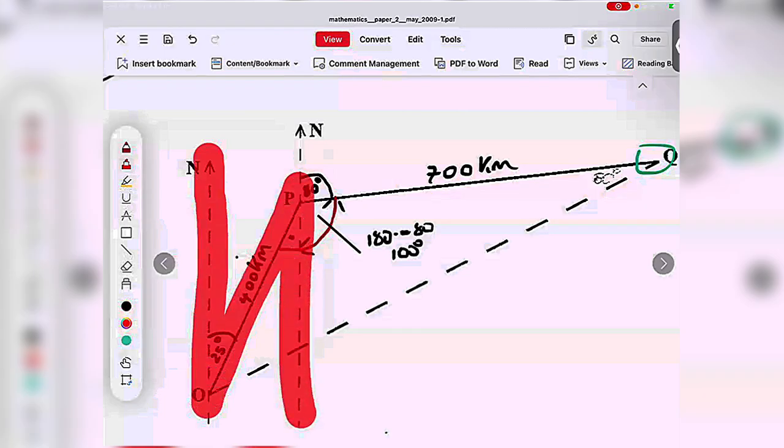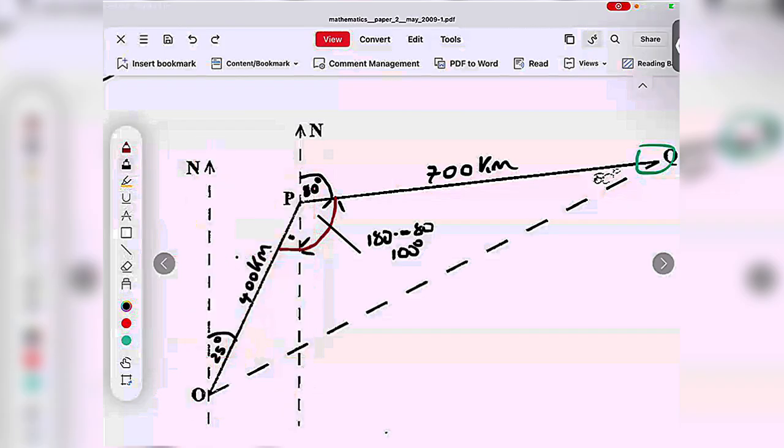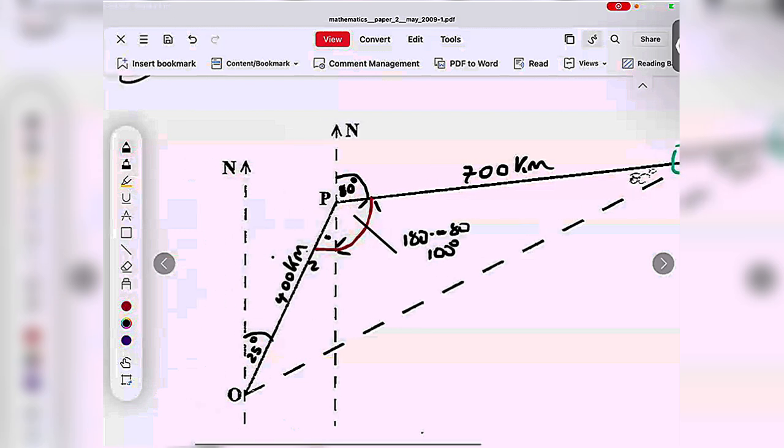Therefore, the angle in the corner right here is equal to the angle right here. So this angle in here would basically be 25.